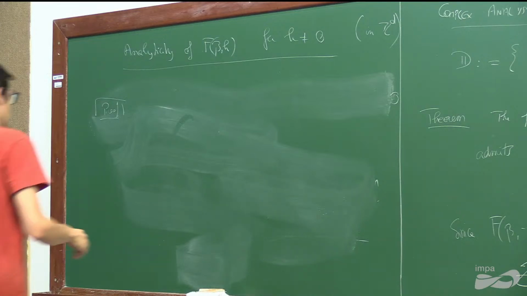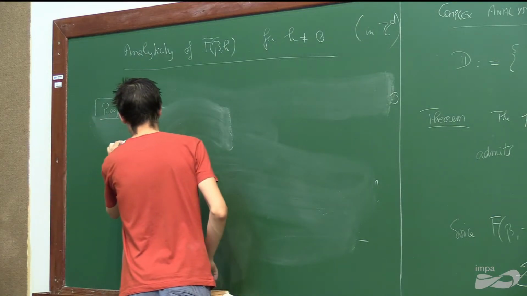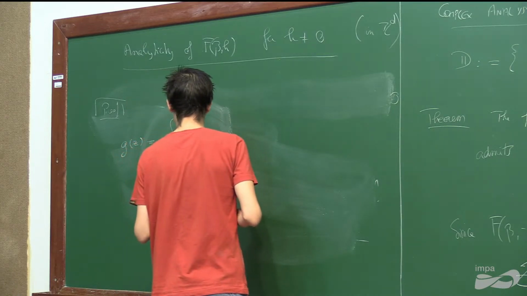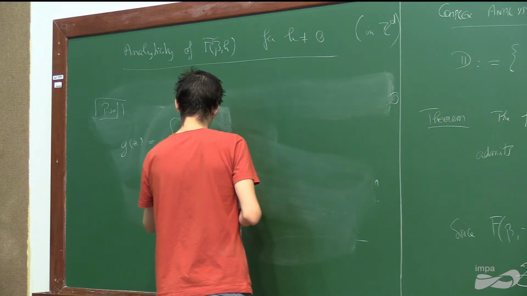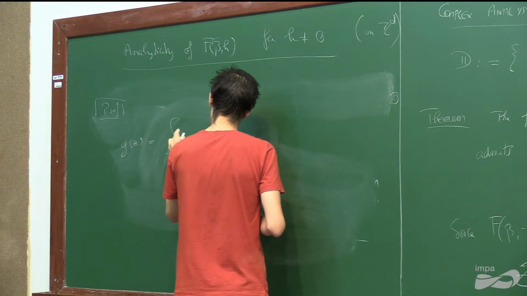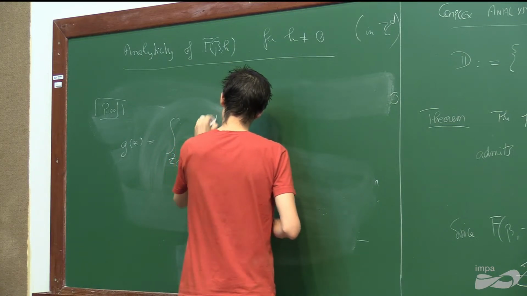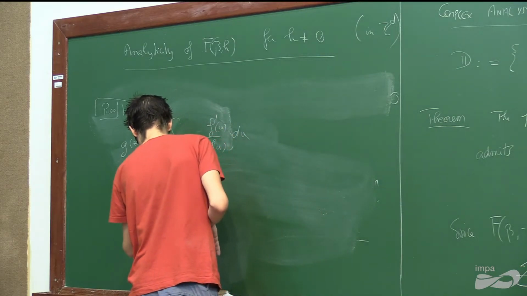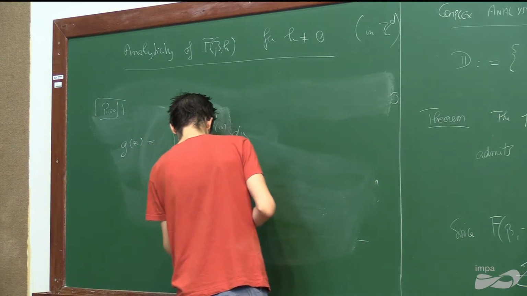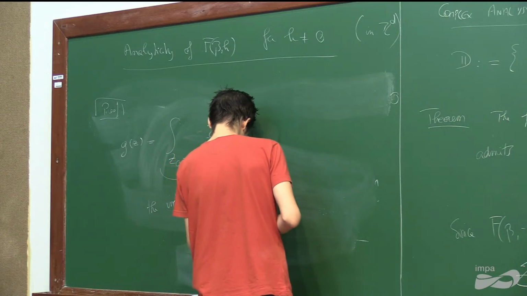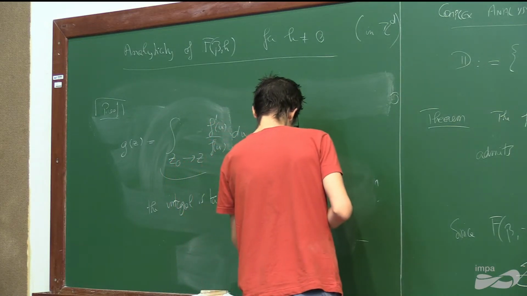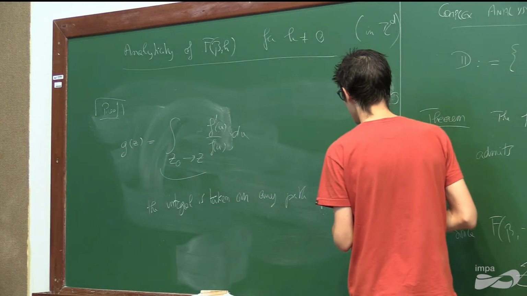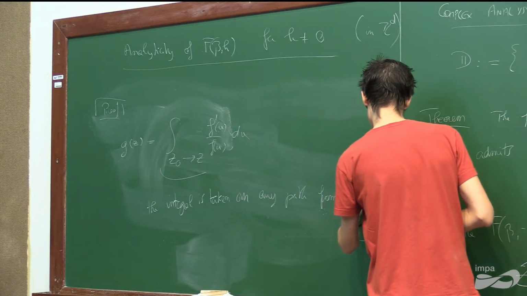So we take g of z equal to the integral from z0 to z of f prime of u over f of u du, where the integral is taken over any path from z0 to z.